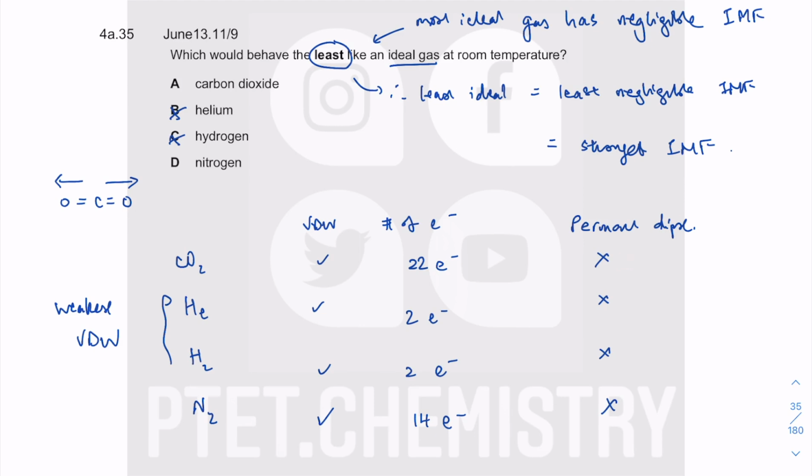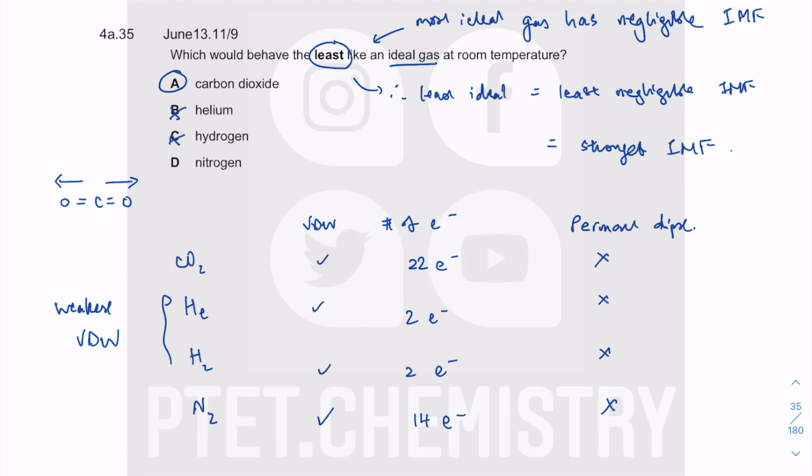When you explain why CO2 has a higher boiling point than N2, it's not a result of a permanent dipole, but a result of the difference in the number of electrons, resulting in this having slightly stronger van der Waals than this. The moment you talk about it having permanent dipole, which means that it is polar, you have got the wrong chemistry concept. Okay, so carbon dioxide would be the least ideal.